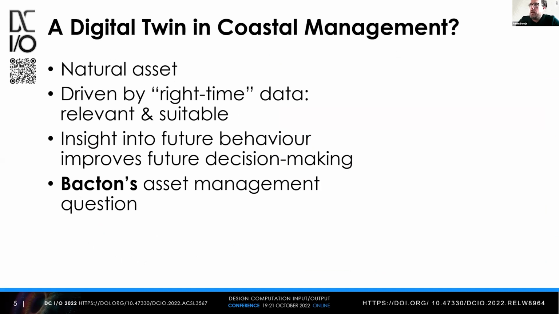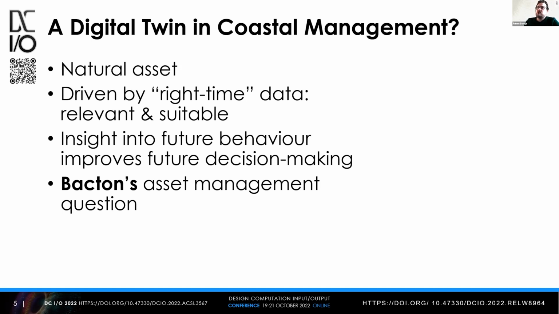So a digital twin in coastal management is not very common, but we're talking about a natural asset here, and that means there's a lot of variability. That means there will be a lot of monitoring. We want to quantify the uncertainty also after we've built it. And because we're doing adaptive asset management, it lends itself to a digital twin.